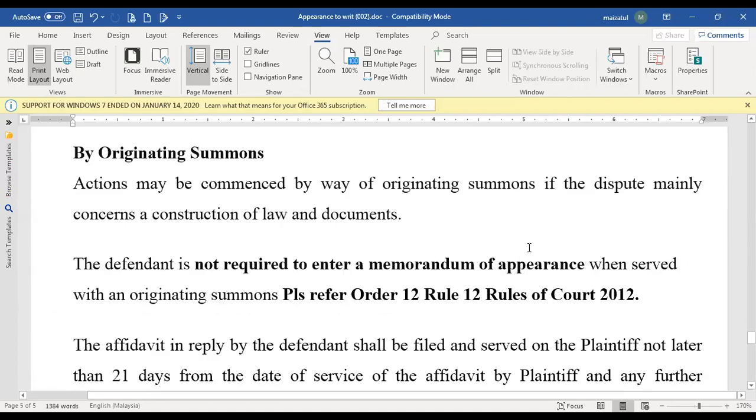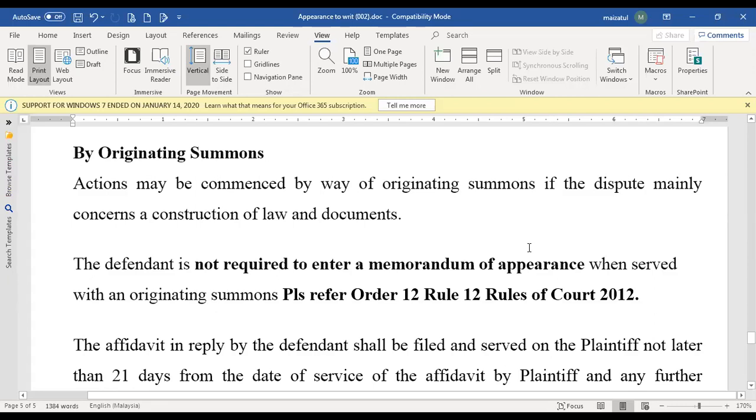What is the difference between a writ and an originating summons? For a writ, entering an appearance is a must, for the party to defend his case. But for an OS, there is no requirement to enter a memorandum of appearance when the OS is served on the defendant.